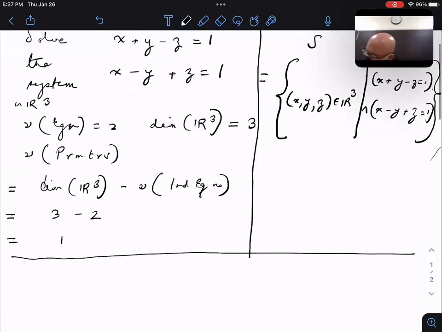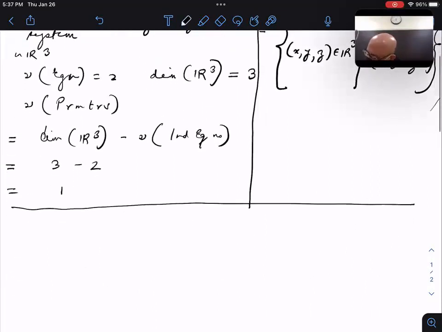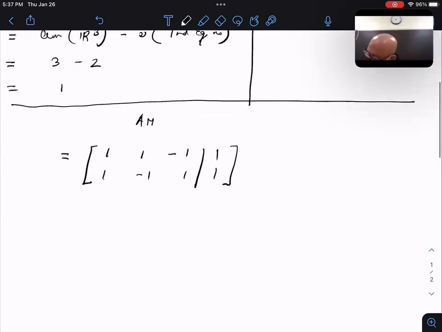Solving such an equation is extremely easy. So the augmented matrix of the system is equal to 1, 1, minus 1, 1, minus 1, 1, 1, 1. So we row reduce, row 2 replaced with row 2 minus row 1.